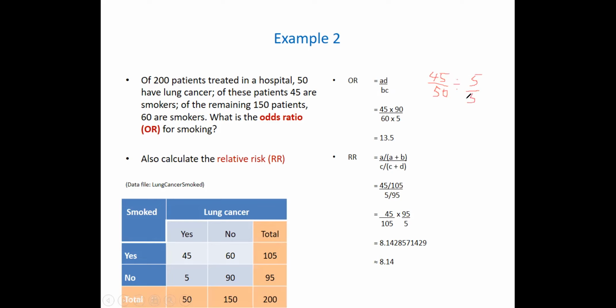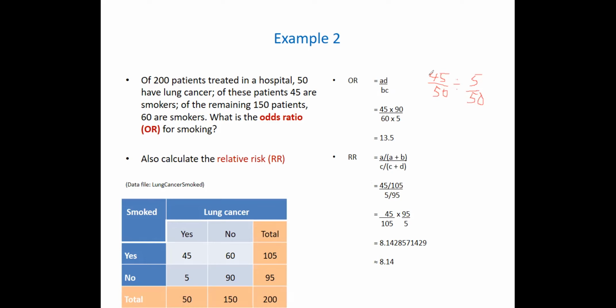Odds is risk over 1 minus risk. The risk is 45 over 50. 1 minus risk is 5 over 50.